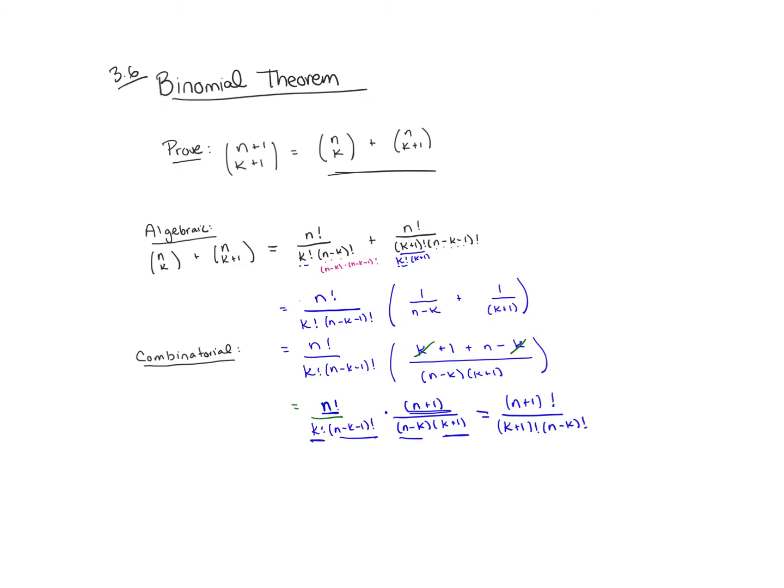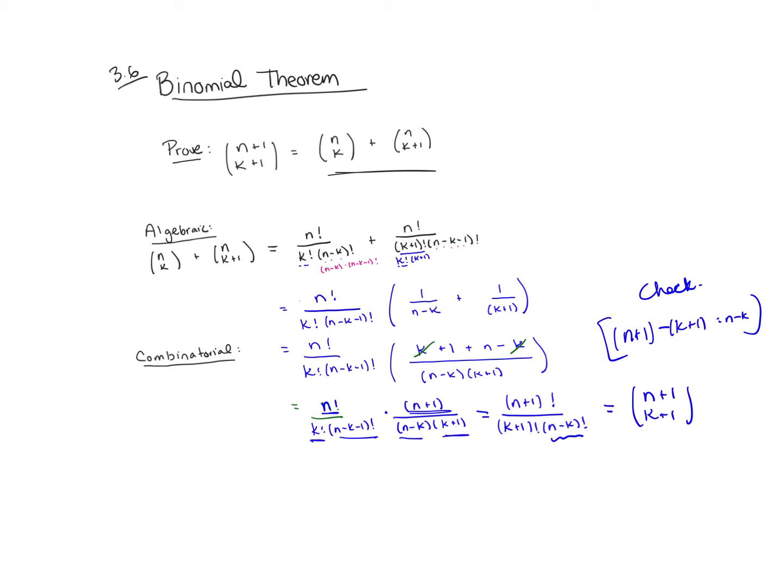And now we can recognize that that is equal to n plus 1 choose k plus 1, which is what we wanted to show. Right, because n plus 1 minus k plus 1 is just n minus k, sorry, I wrote something even different. N minus k, and that's what we have here. All right. Great, so this is true.